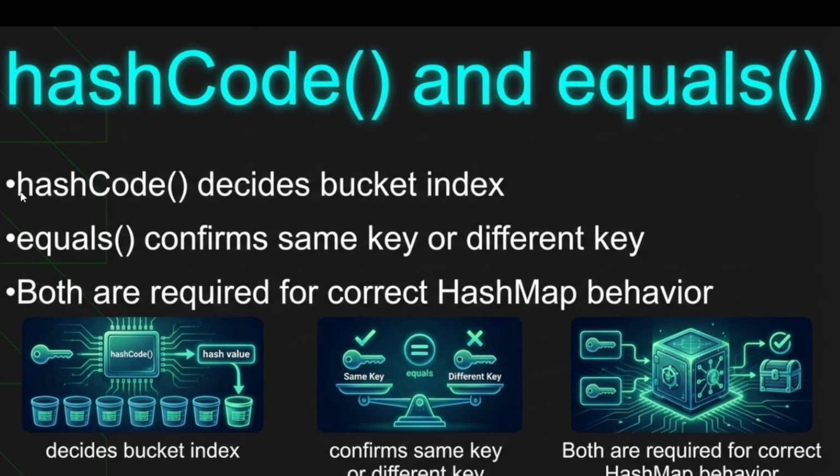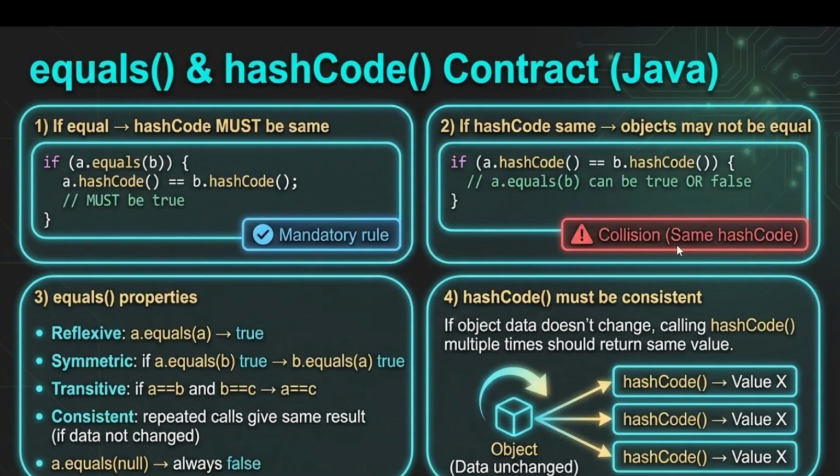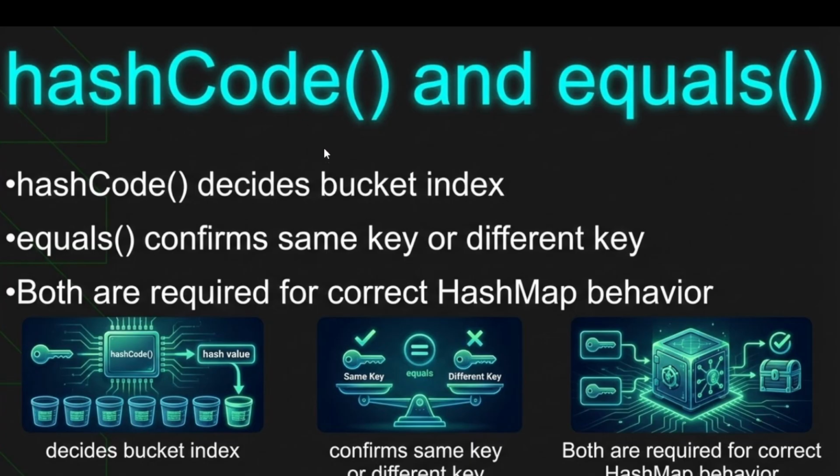The hashCode will be the decider of the bucket index. Whenever we send a key, here it will be an Employee object. In our case, a hash code will be generated, then a hash value will be generated based on the index, and it will be added to this bucket.